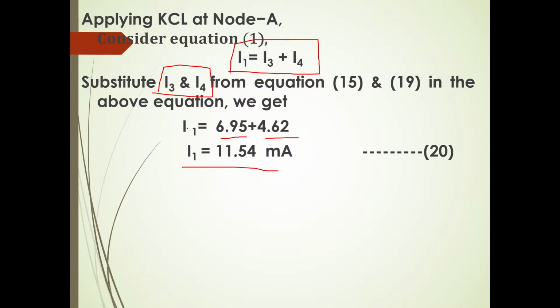Since the voltage source is at node A, the current will divide into two parts there. Two branches are connected to that node, and on the other side the source is there. So simply add those two currents, you will get the I1 value.